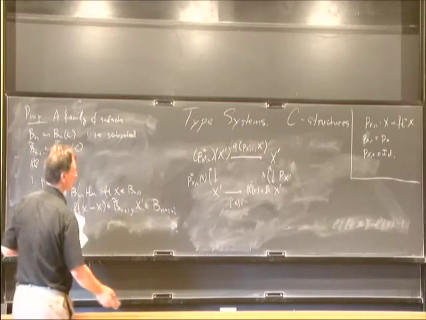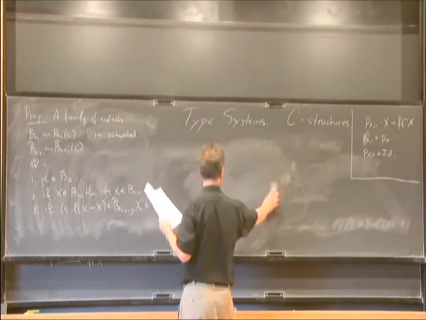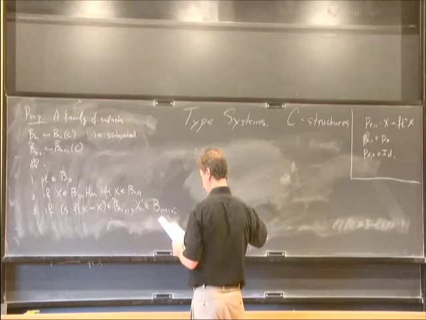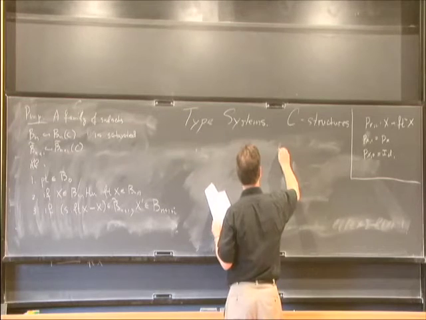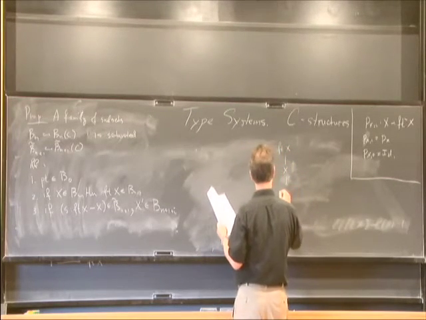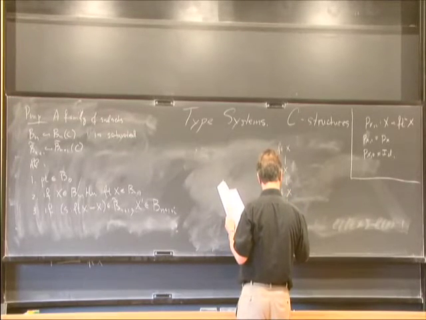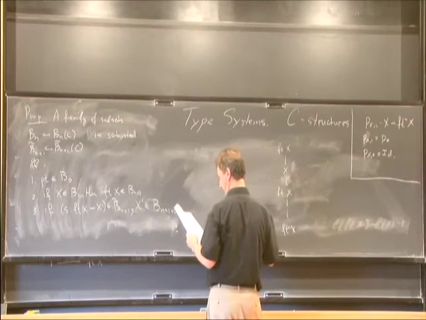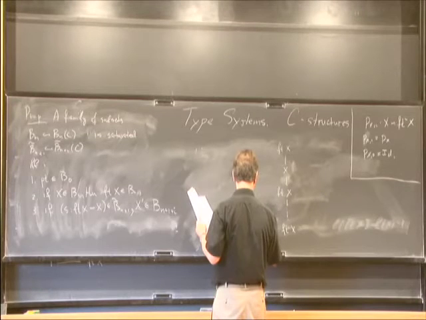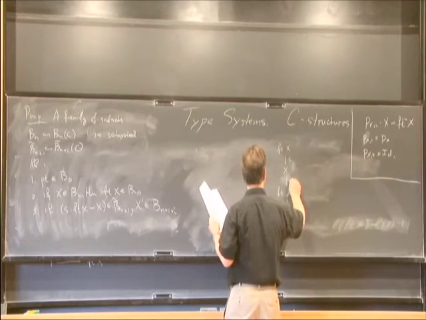Okay. So that's how it's supposed to be drawn. ft of x, ft of x, ft i of x prime, px prime, s px.